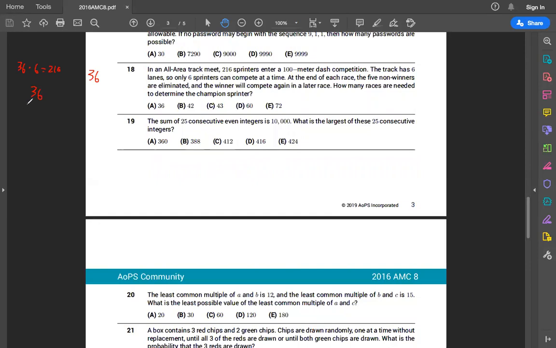Now these 36 people could compete in 6 more races, each of which would have 6 people. So that would add another 6 races, and we would still have 6 winners. And then in the final race, there's 1 more race and 1 winner, as we want. So we could add 36, 6, and 1 to get 43.